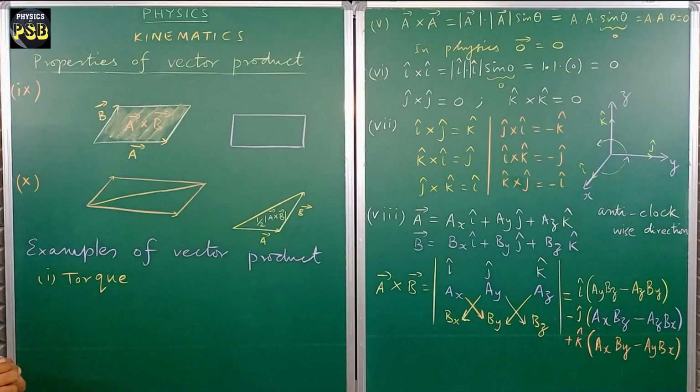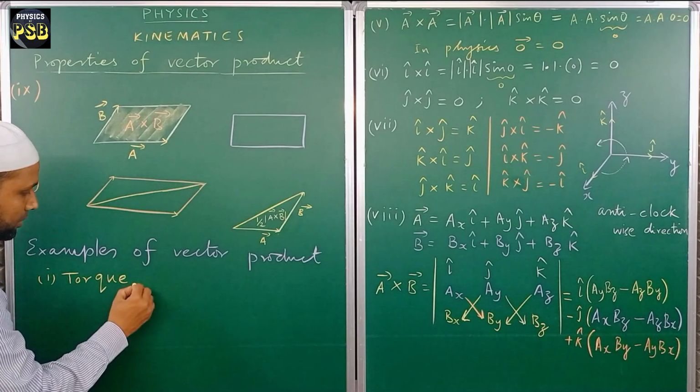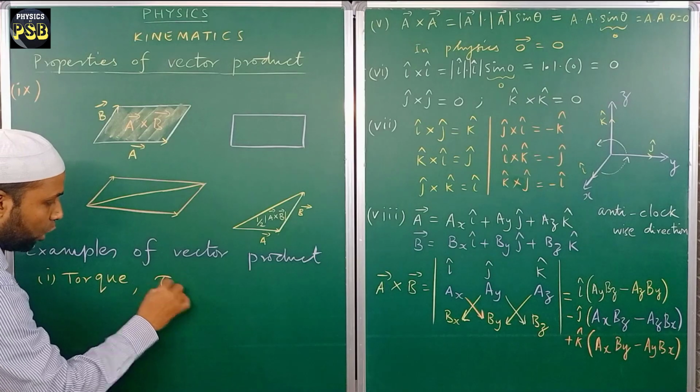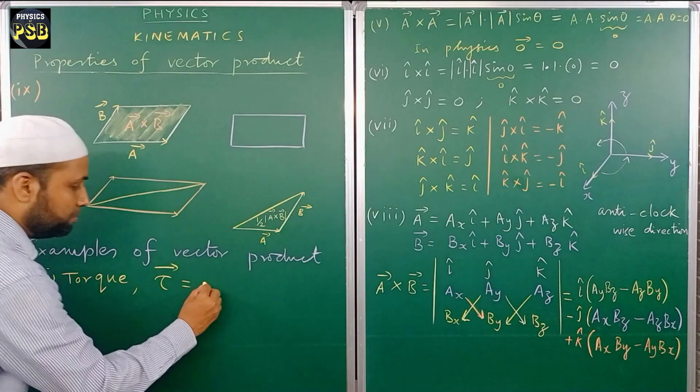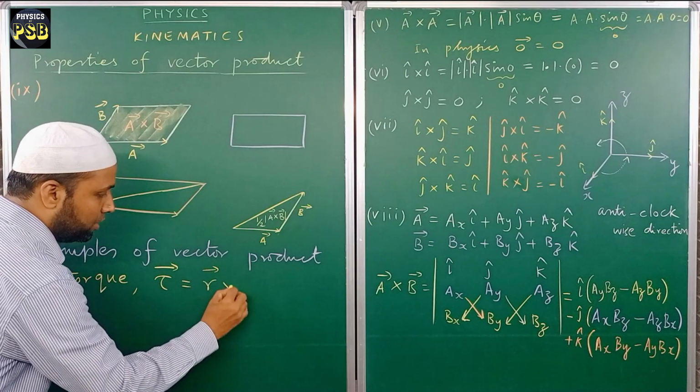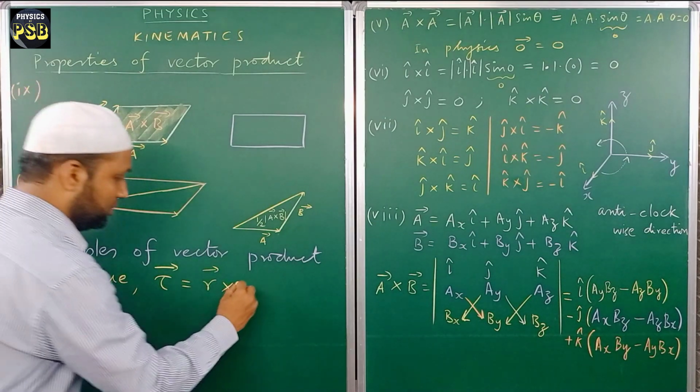Torque actually gives the degree of rotation of some object. To what extent something is rotated is given by torque. It is represented by the letter tau. Tau vector is the cross product of position vector and force.